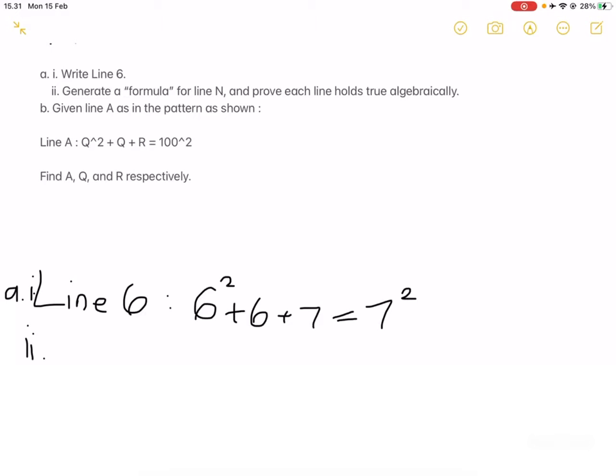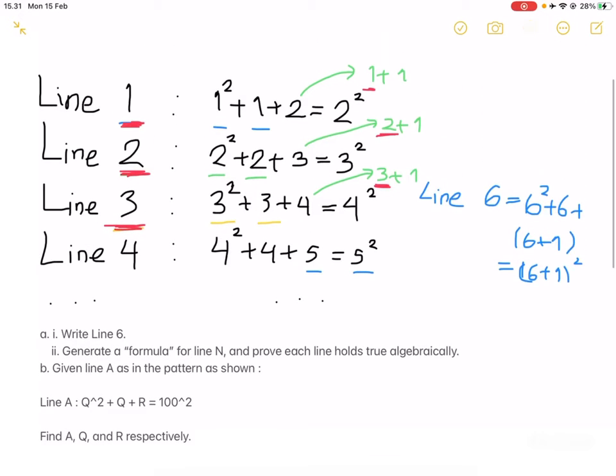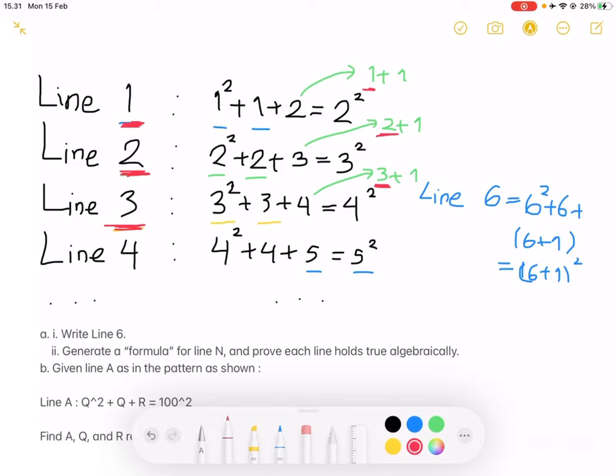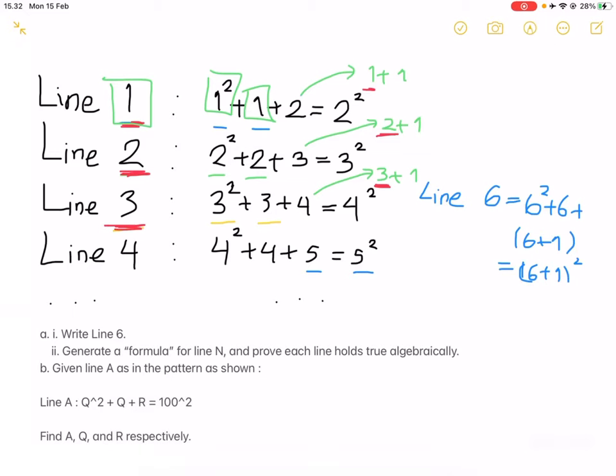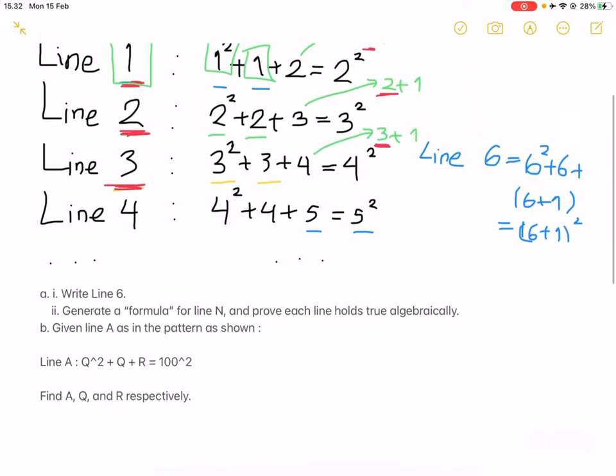So this is just like a mini proof type of question. Since we know this one corresponds with this one and this one, we can rewrite line n as something like this.